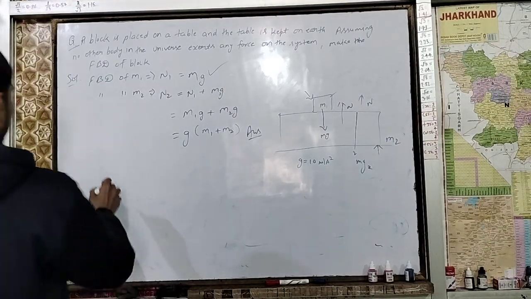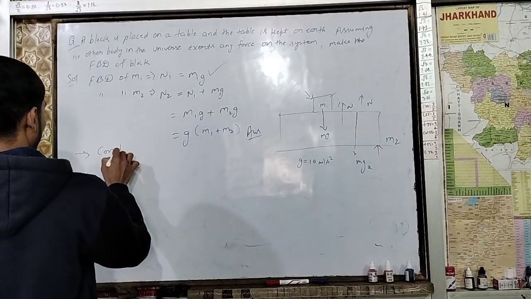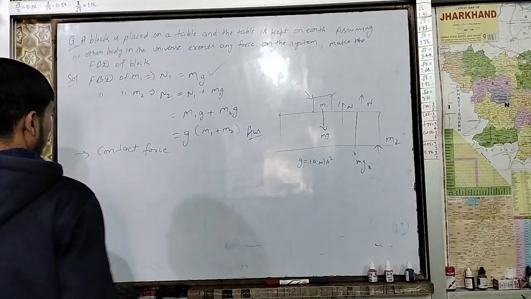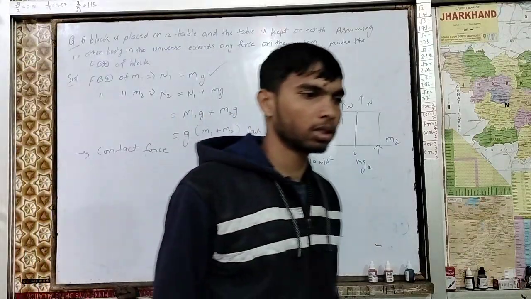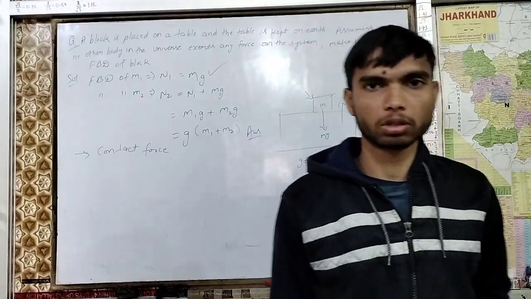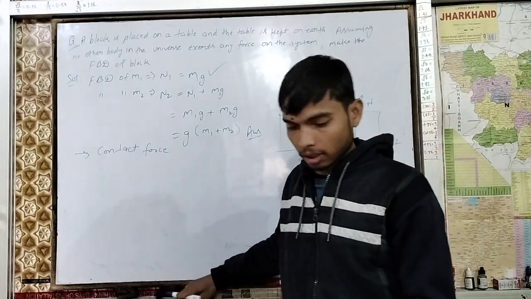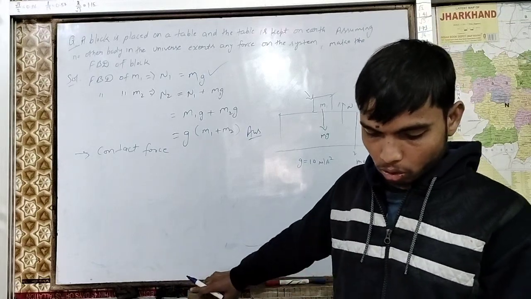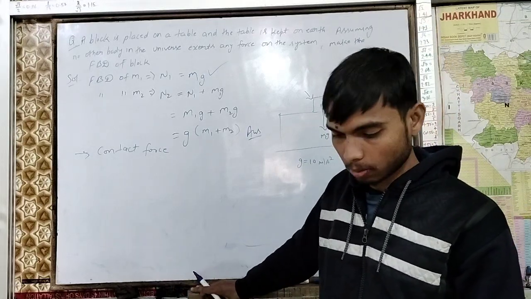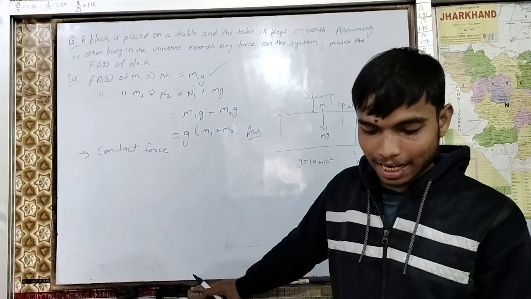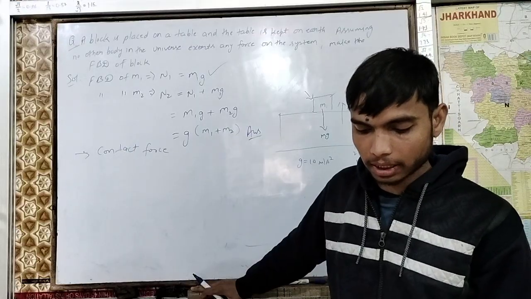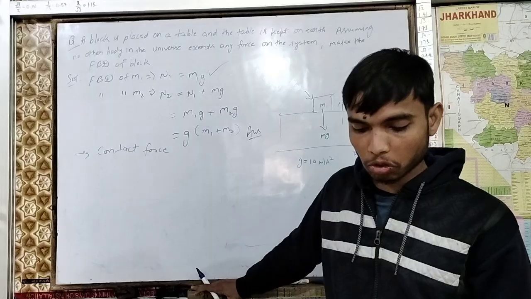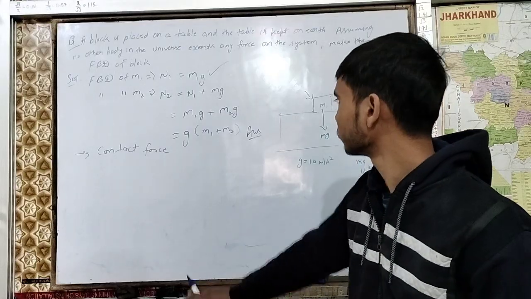Next is contact force. Contact force is also normal force. Let's read this statement about contact force. This is also a reaction force which will generate on applying an external force perpendicular to the contact surface.